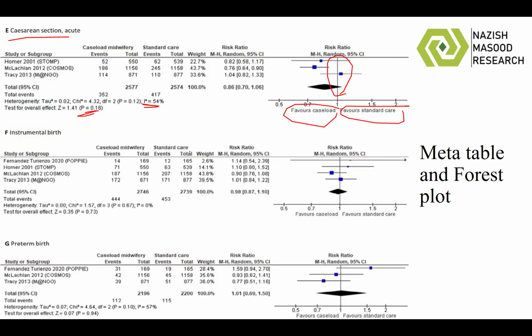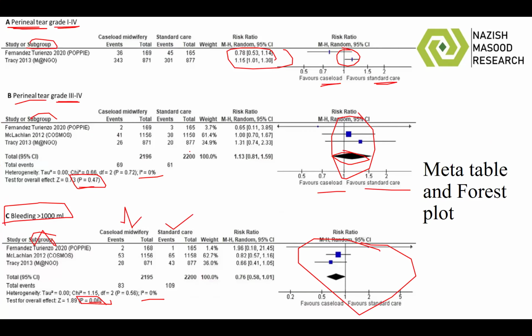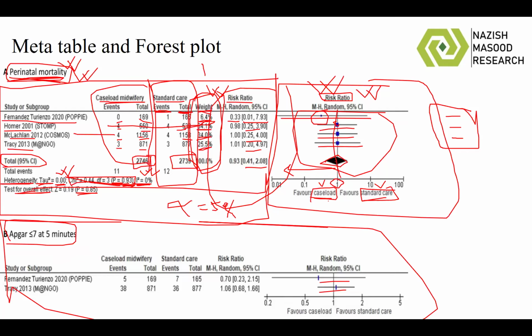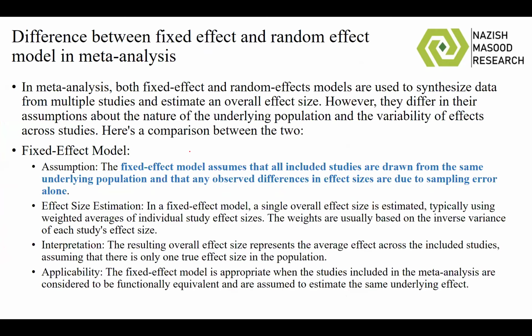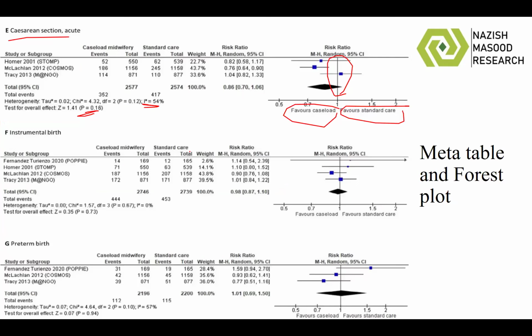So basically the primary thing that the study was looking at was mortality of female compared to the mortality of the child for caseload midwifery. But what we see here is that in none of these forest plots, and even if you look at the level of significance, none of them are coming out to be significant.